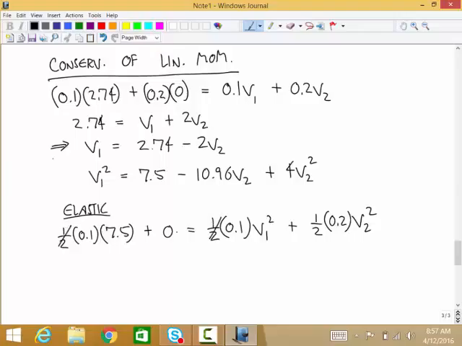Cancel the halves, divide everything by 0.1, and you get that 7.5 is equal to v1 squared plus 2v2 squared.